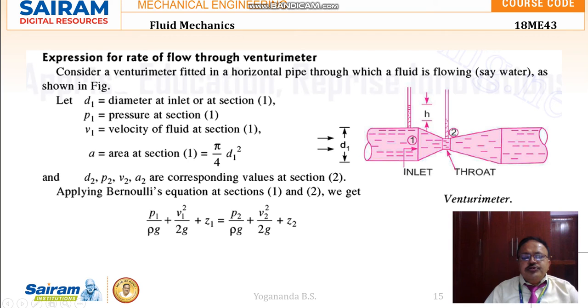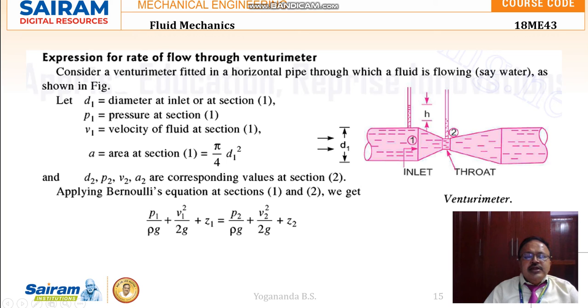From section 1 to 2 we have a converging part, section 2 is the throat part, and from 2 onwards gradually diverging. At this point, the diameter of the flow becomes equal to the diameter of the pipe.